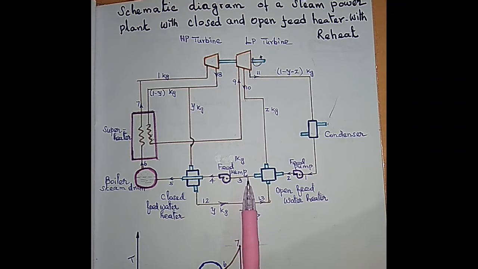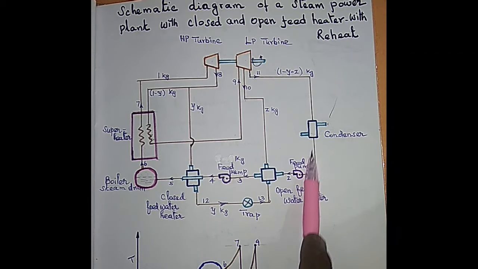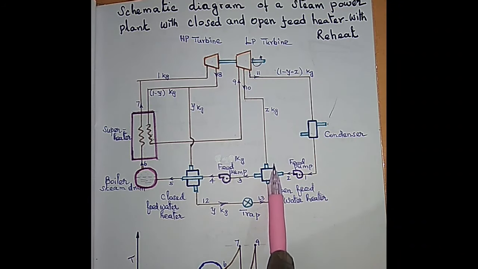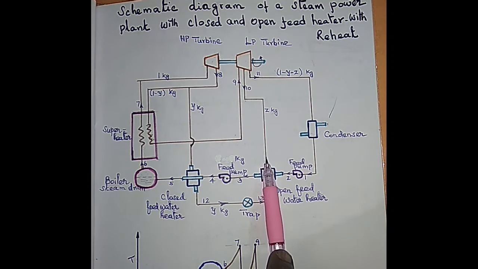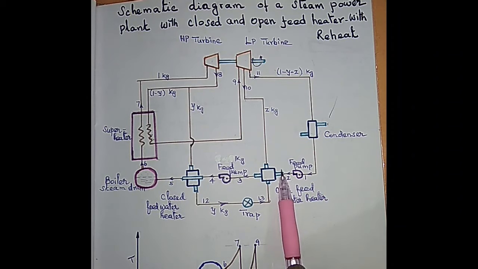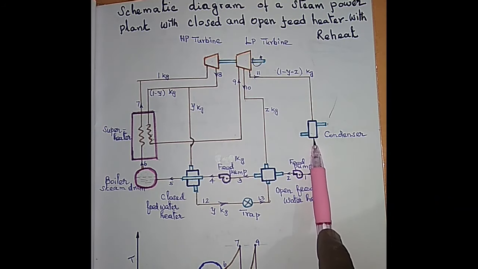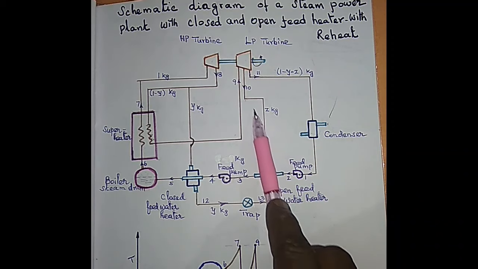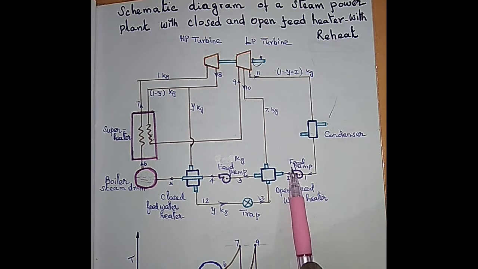So what is open feed water heating? Nothing but this condensate will be mixed with this steam which is bled for heating it. Naturally this temperature will be less, this temperature will be more, this pressure also will be less here, but this pressure will be more. So the feed pump is required and both are getting mixed up here.